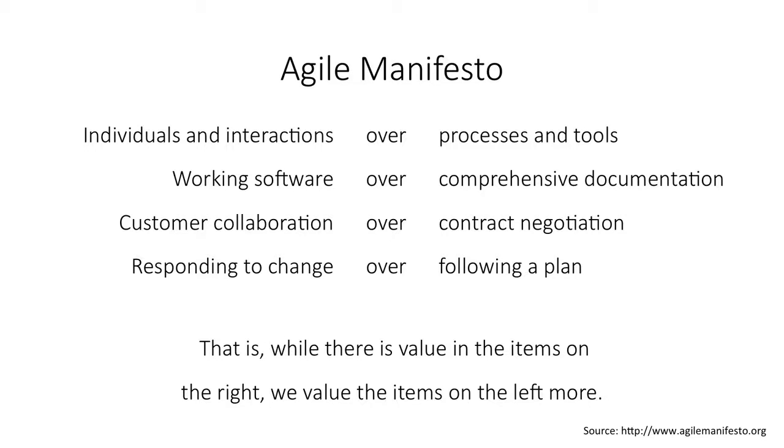The Agile Manifesto values individuals and interactions over processes and tools, working software over comprehensive documentation, customer collaboration over contract negotiation, and responding to change over following a plan. While the items on the right are still valued, the items on the left are valued more.